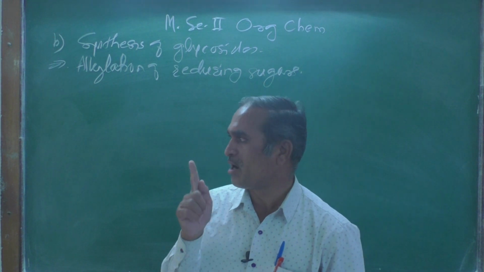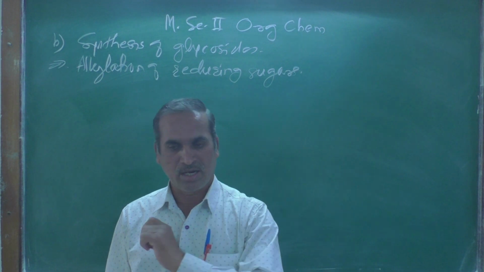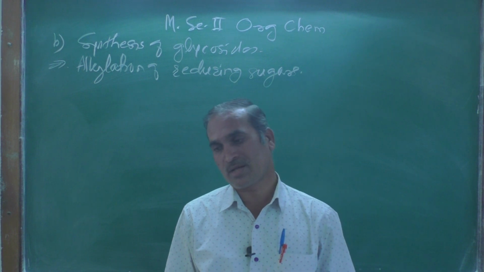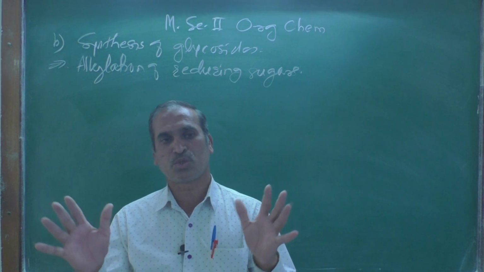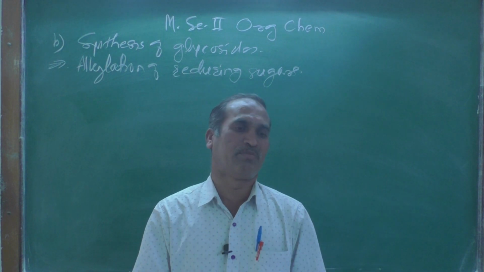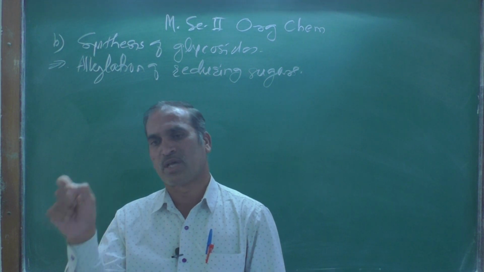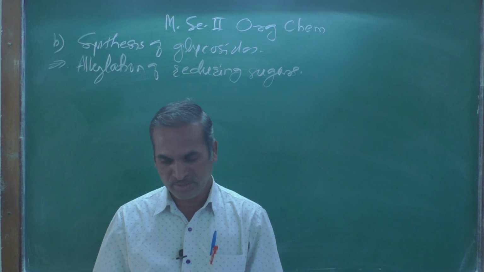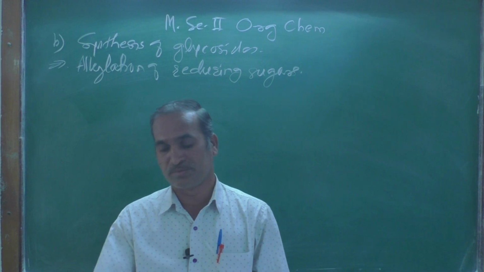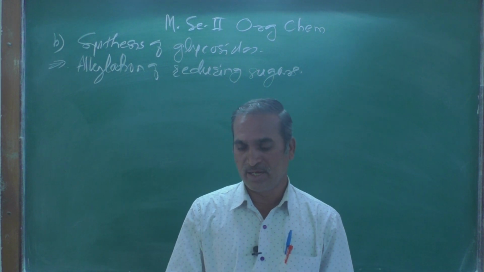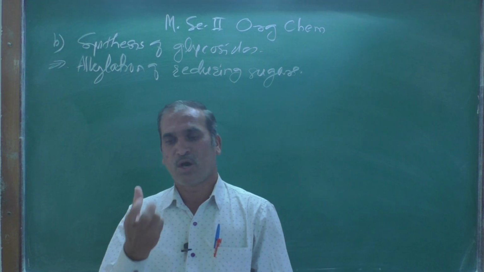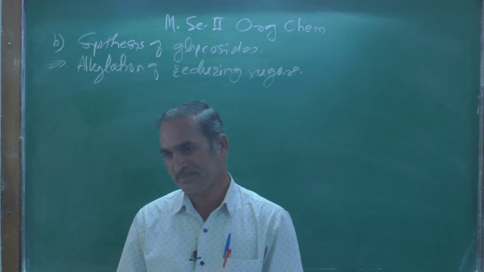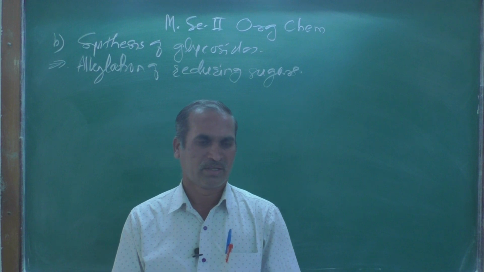It means the configuration of that chiral center must be S configuration, and therefore the relationship between these two structures, D-glucose and D-galactose, is epimers of each other, and anomers we have just seen. So now the question, finally, is reducing sugar. How do we define reducing sugar, or what do you mean by reducing sugar? Let's see over here.